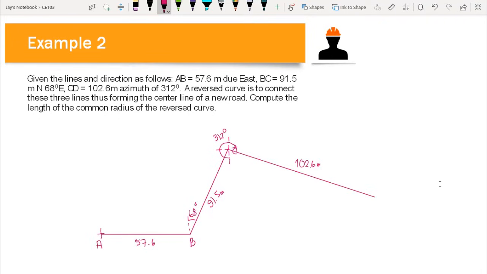Okay? And this is our C to D. So we now draw the line. So we now draw the curve. So we have this curve.